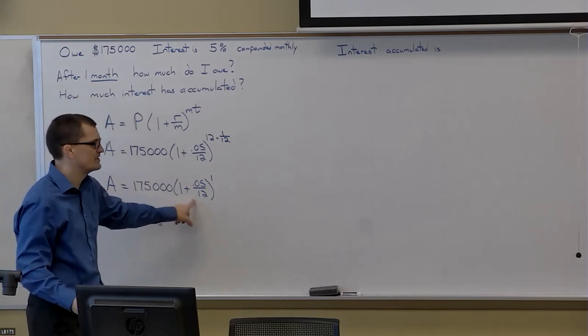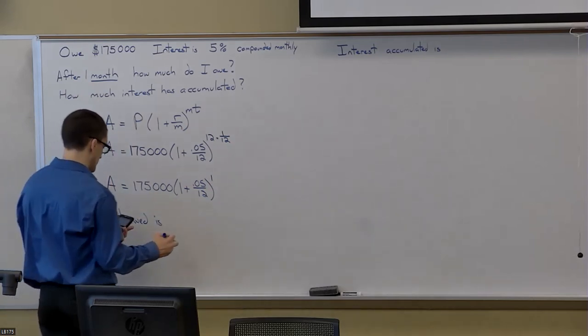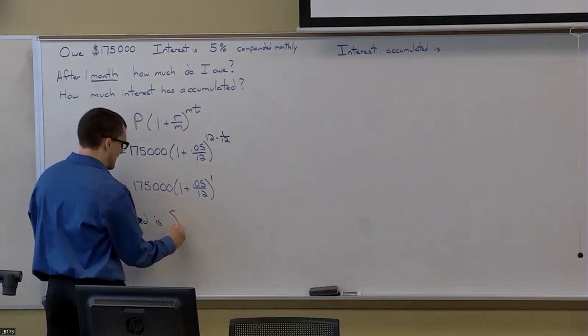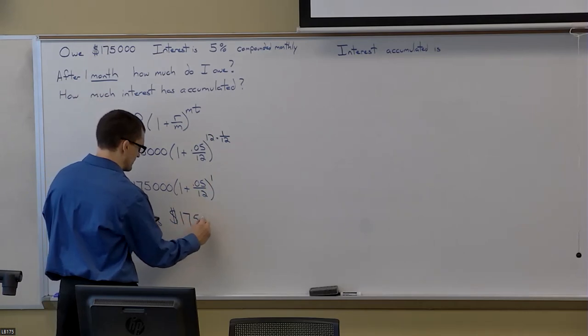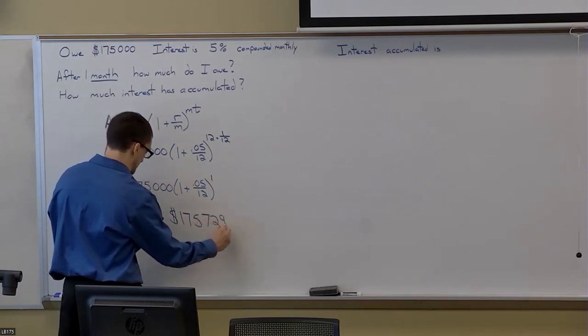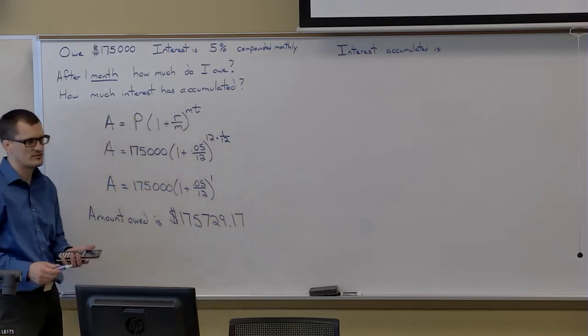Once you put that in your calculator at 1 compounding period, 1 month, the amount that I now owe on my house would be $175,729.17, rounded to 2 decimal places.